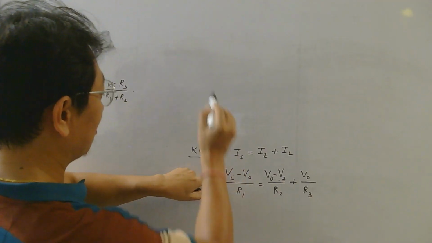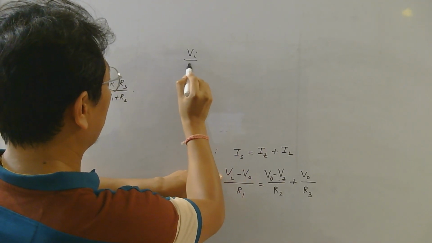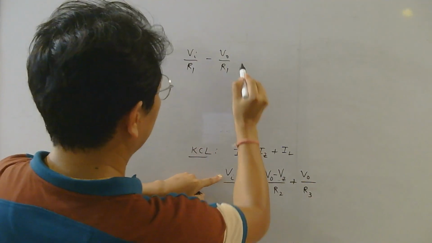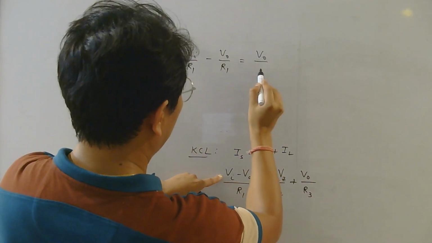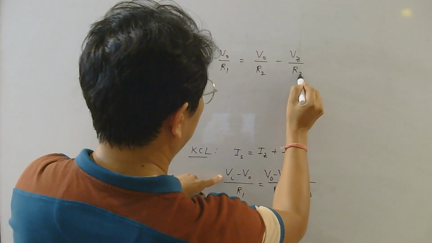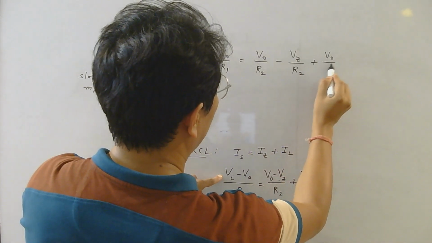Okay. So this will be Vi by R1 minus V0 by R1 equals V0 by R2 minus Vz by R2 plus V0 by R3.